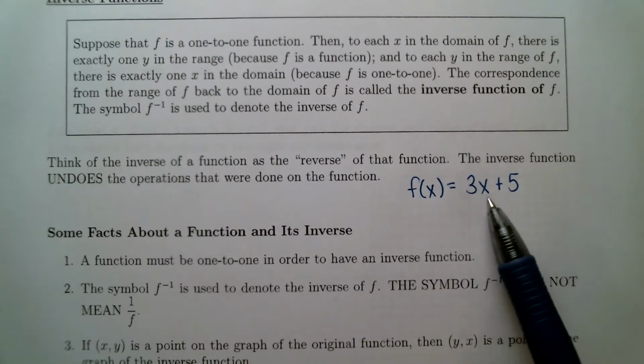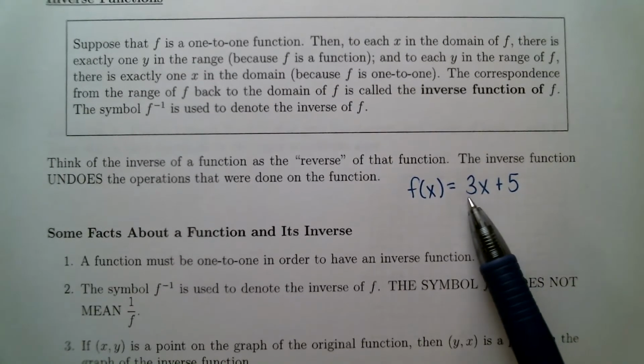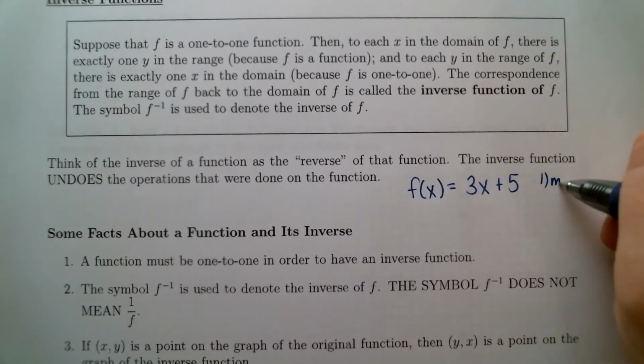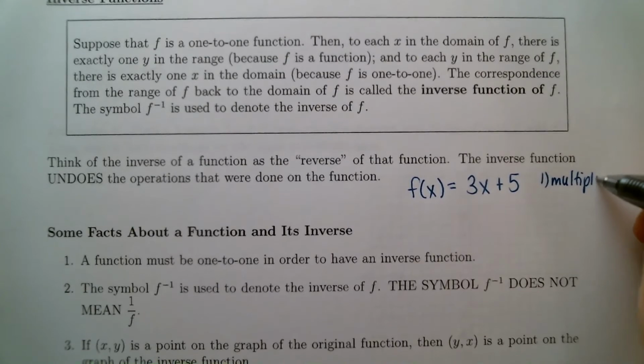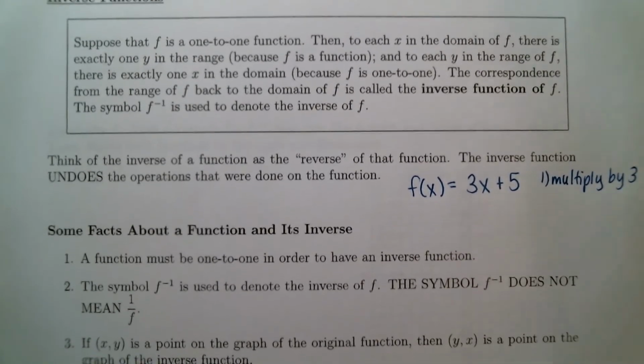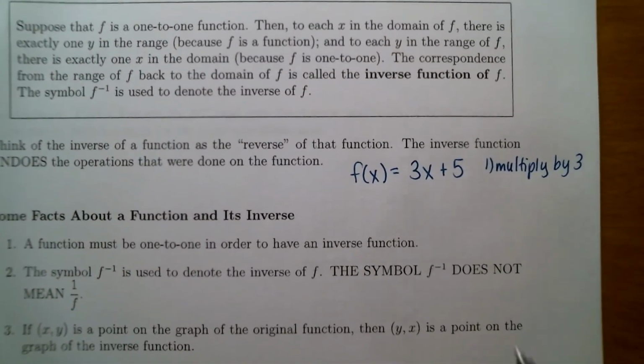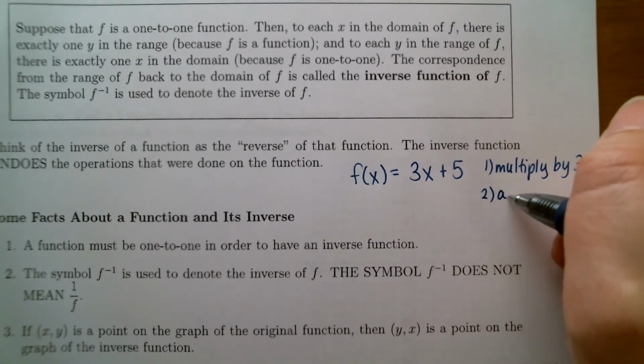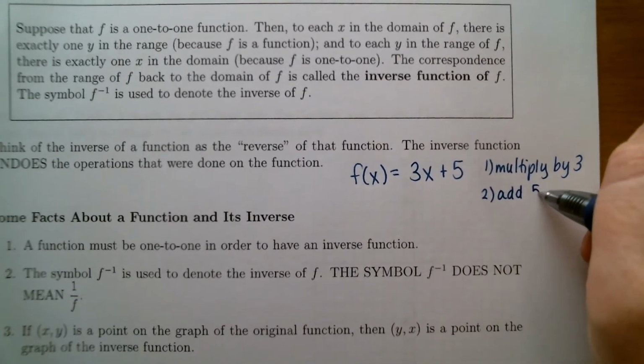Follow the order of operations. The first thing you would do to that x value is multiply it by 3. And then once we have that result, we add 5. This is what the original function does.